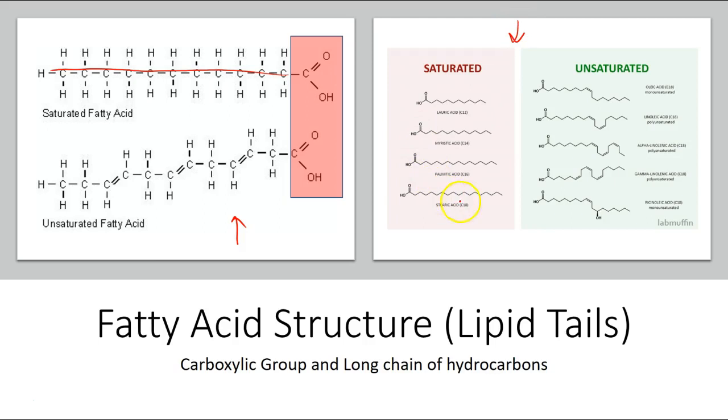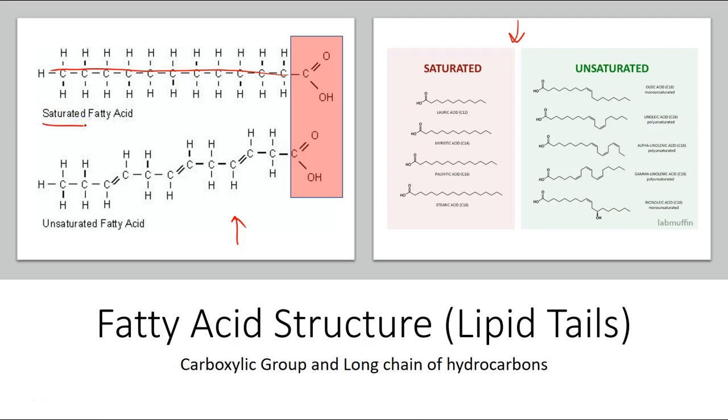Notice that these are more zoomed out, and so you can't see the individual carbons and hydrogens, but you can see the bends or the kinks in these particular fatty acids. When a hydrophobic fatty acid tail is completely saturated with hydrogen, notice that there is a hydrogen at every location and bound to every carbon in that fatty acid chain. It is said to be saturated.